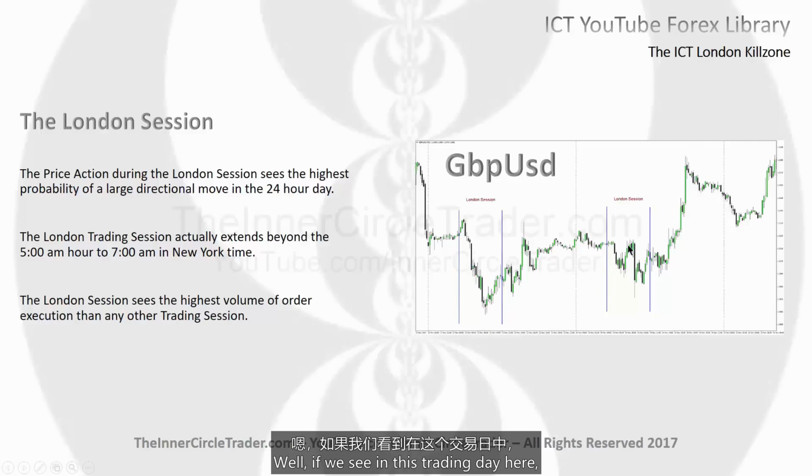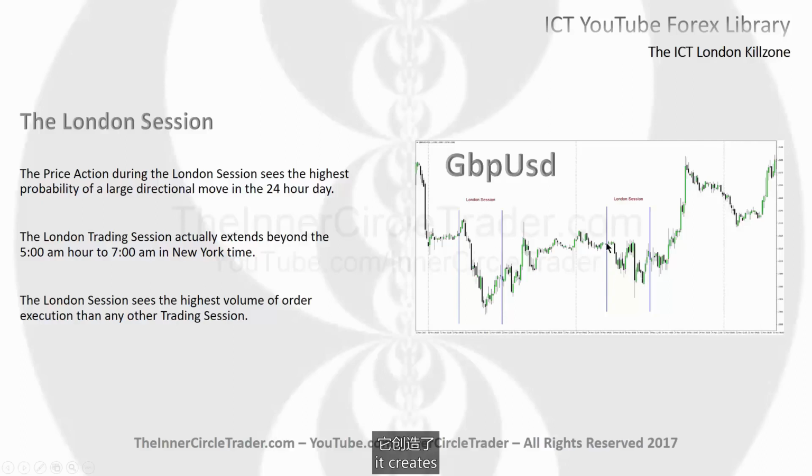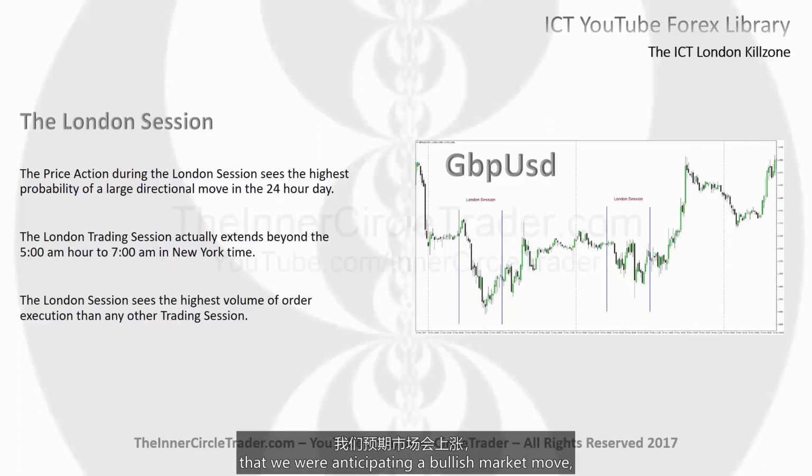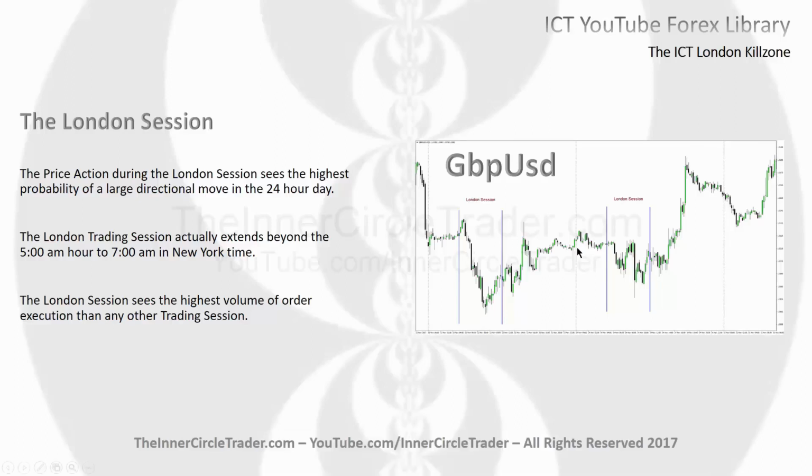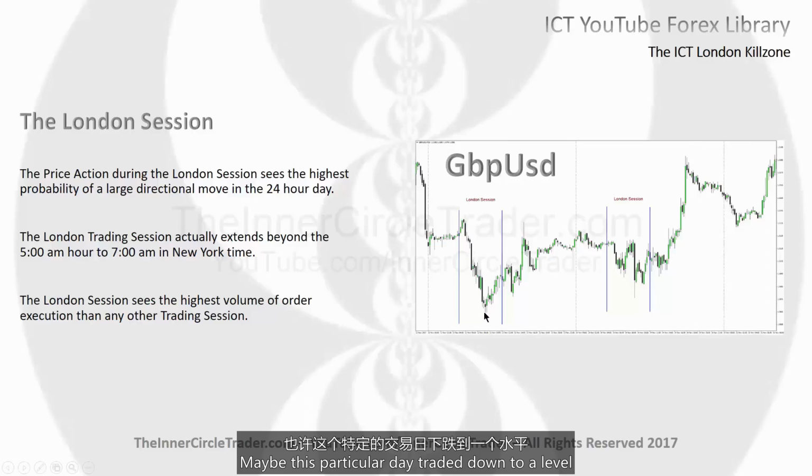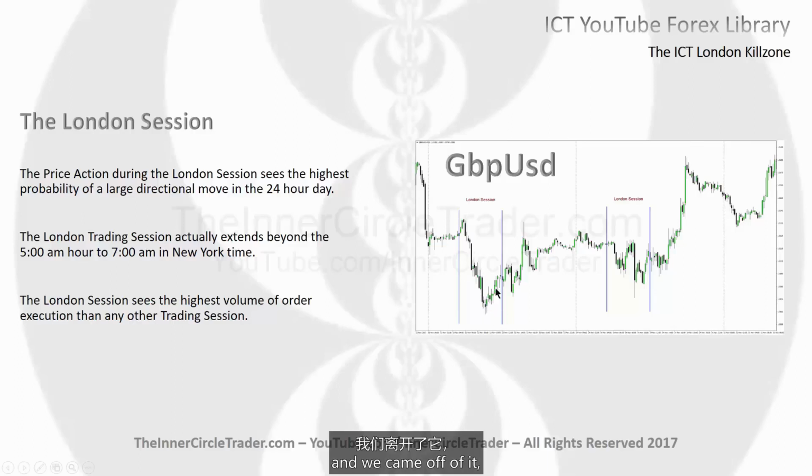Well, if we see in this trading day here, it creates a scenario where, let's assume for a moment that we were anticipating a bullish market move. Maybe this particular day it traded down to a level that was some kind of a support level, and we came off of it, consolidated, and then we came down initially right after the 2 o'clock time period, and price drops down into a significant low.